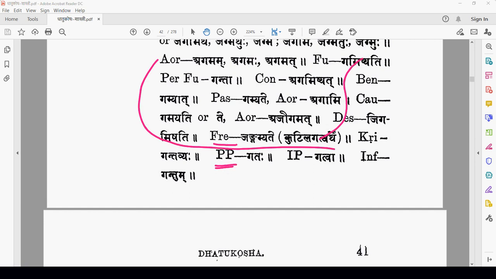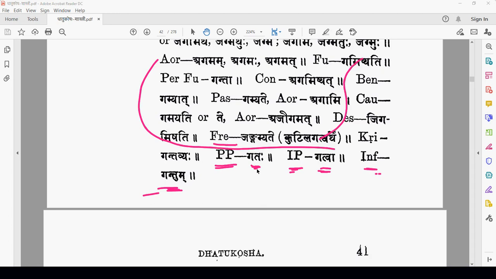And then PP, this is past participle, and there is IP, this is gatva, and there is INF, gantum. So the last two forms, you see gatva and gantum. So you can look up. And then gatah.